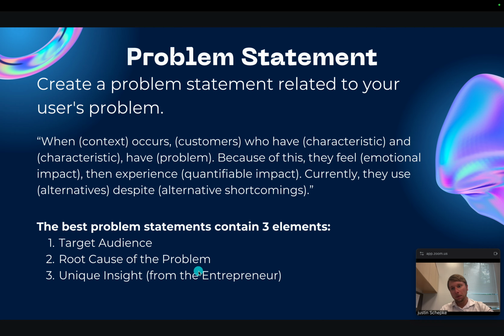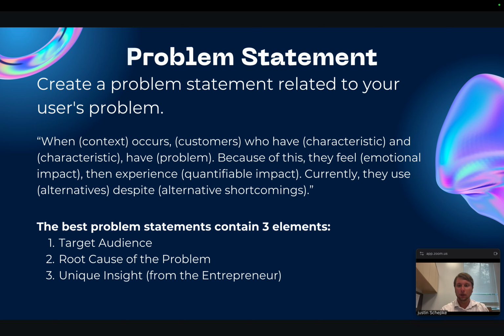The best problem statements contain three elements: the target audience, that's the customers; the root cause of the problem; and the unique insight from the entrepreneur, which is typically found in the part about what they currently use despite its shortcomings. An example we use a lot is: high school students are not prepared for college. This is not because of a lack of intelligence, but because of a lack of access to resources.